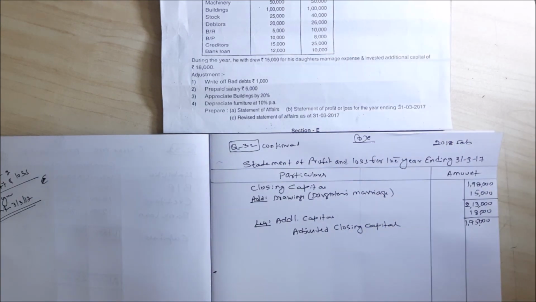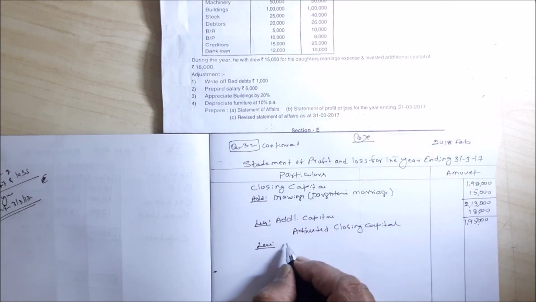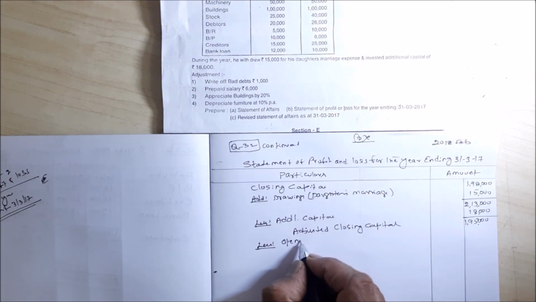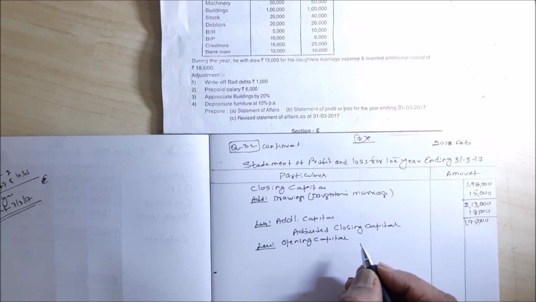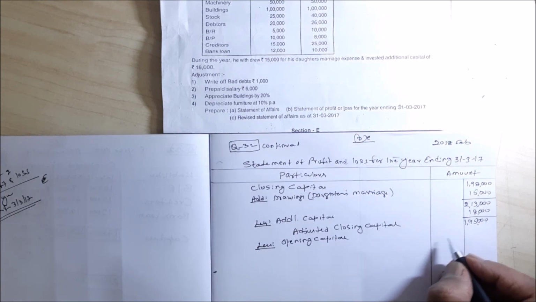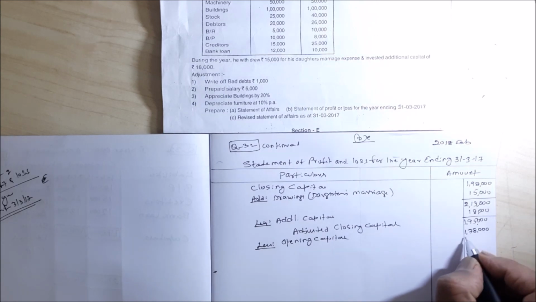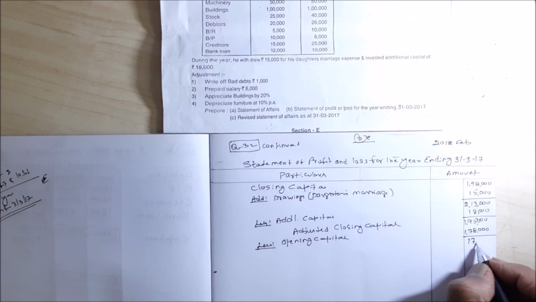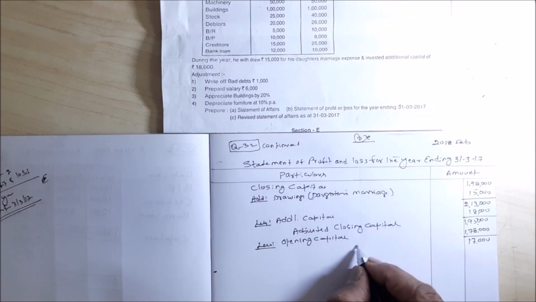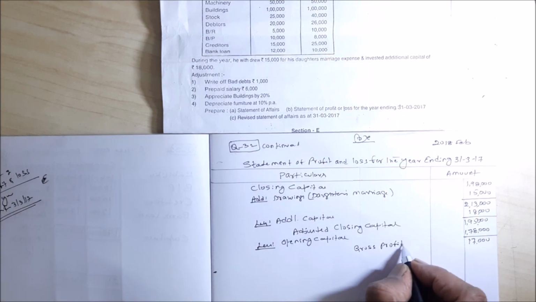Adjusted closing capital less opening capital, 1,78,000. Then 17,000 is called gross profit.